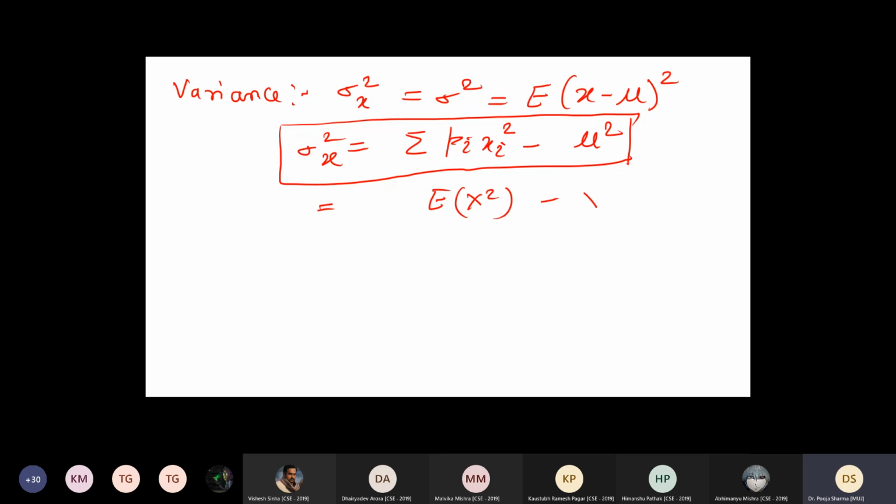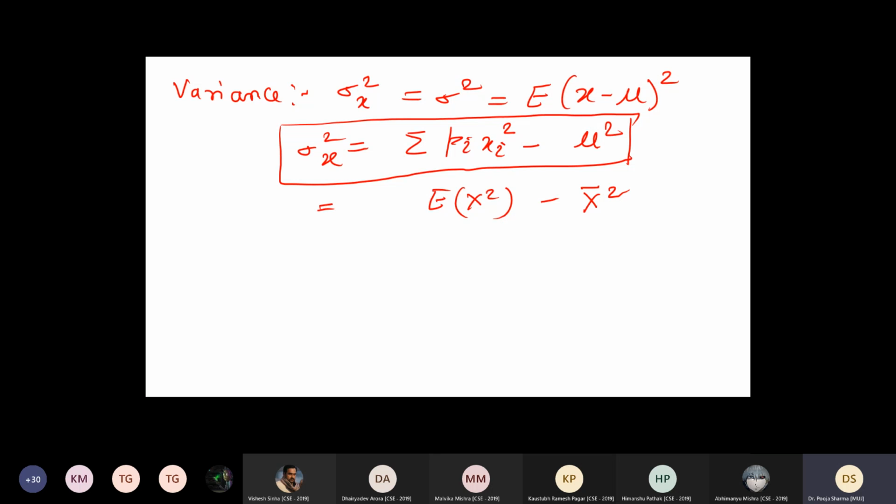Expectation of x is written as summation of pi xi. Expectation of x square, how to write? Summation of pi xi square, because x shows the characteristic of the random variable, right? And minus mu, or you write x bar, that is all mean.